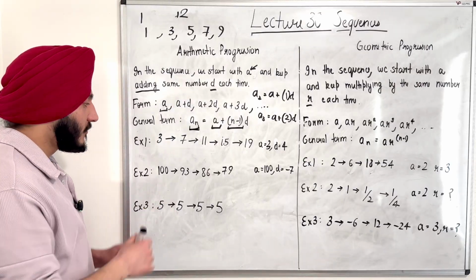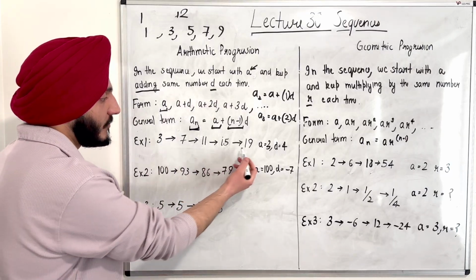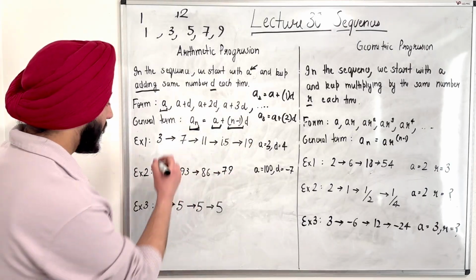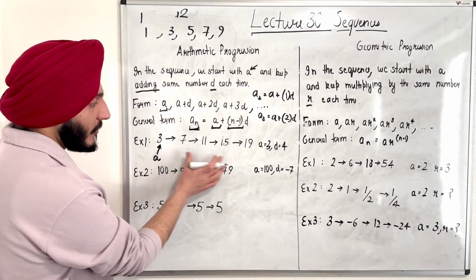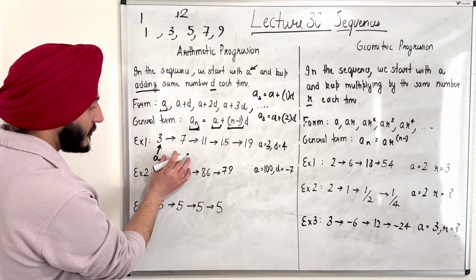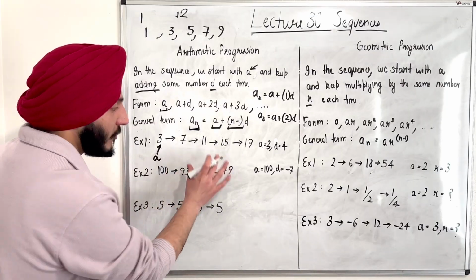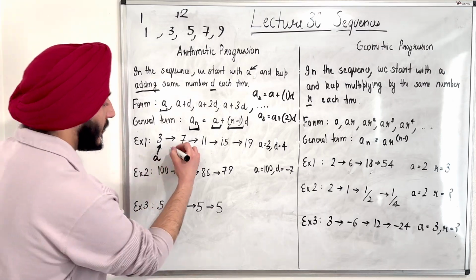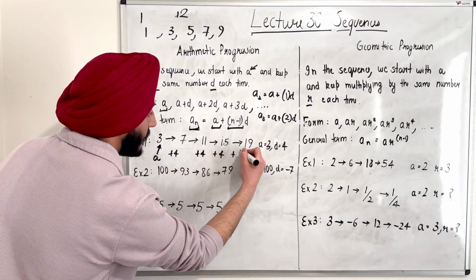So I've given these 3 examples over here. In the first example, let's say 3, 7, 11, 15, and 19, right? If you look at this carefully, the first element in this case is 3. This is going to be a. Now let's try to analyze what's happening. I started with 3, went to 7, went to 11, went to 15, right? If you subtract, you'll find that we are basically adding plus 4 each time, right?